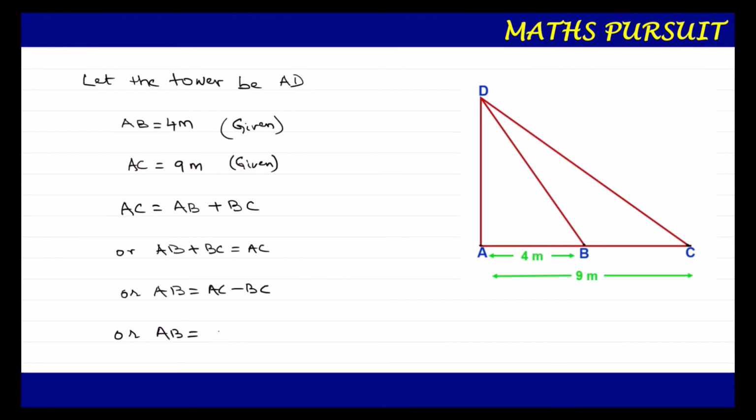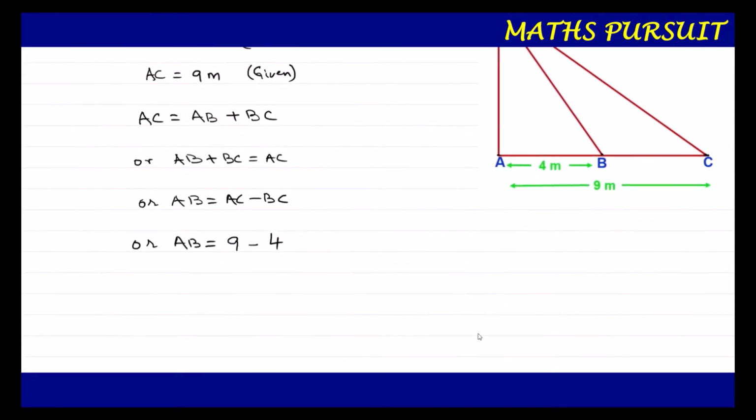The value of AC is 9 and the value of AB is 4. So I can write BC is equal to 9 minus 4, or BC is equal to 5. That means the value of BC is 5 meter.